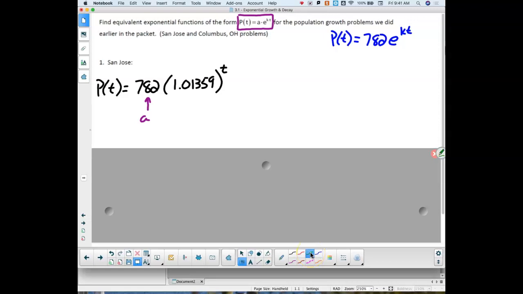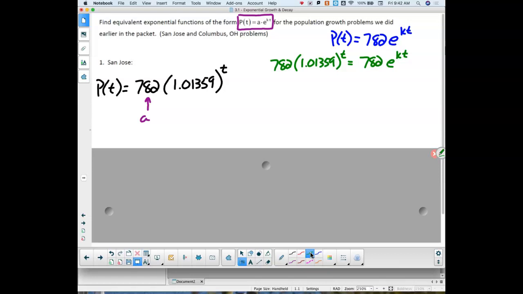Then I'm going to say that 782 times 1.01359 to the t power is going to equal 782 e to the kt power. What would we do next?